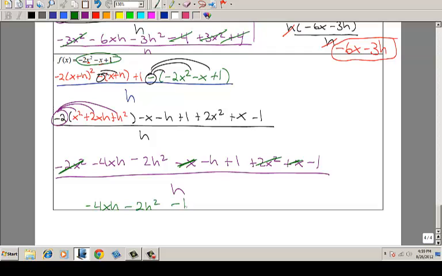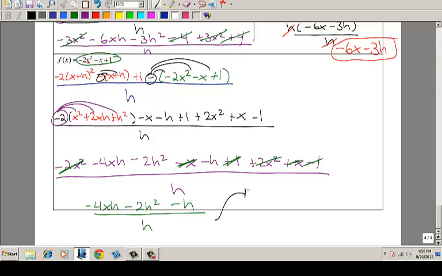Minus h does not cancel with anything. Positive 1 will cancel with my negative 1. And this now becomes all over h. Again, notice every value that I have up here in my numerator has an h in it. Every term has an h in it.